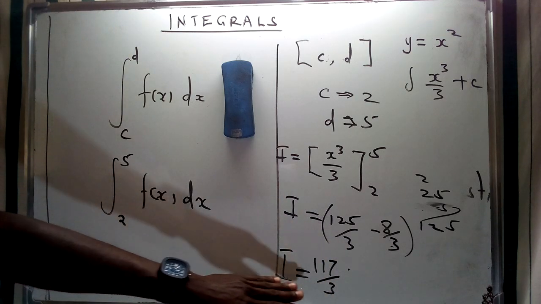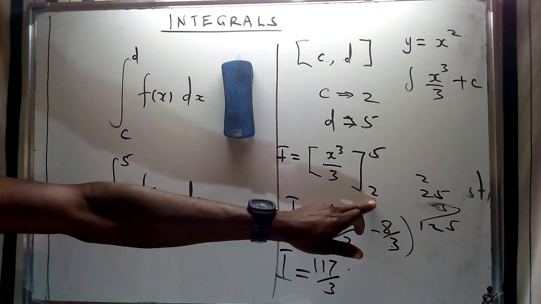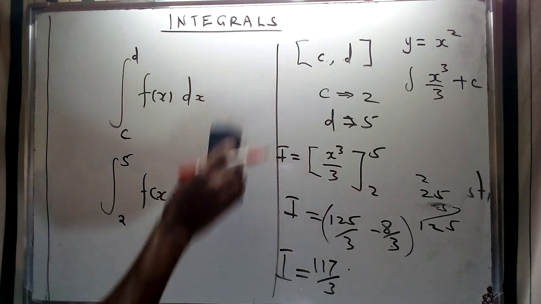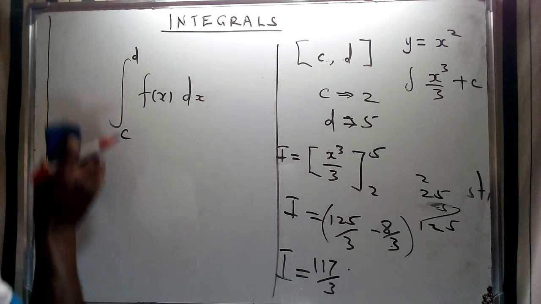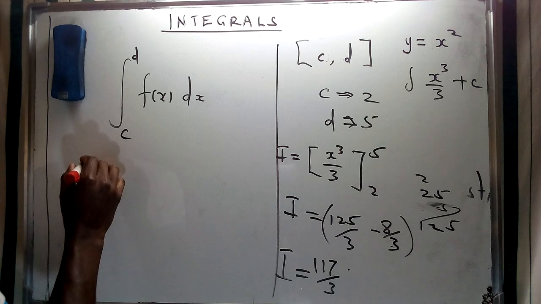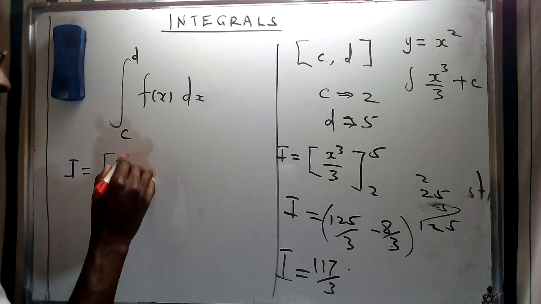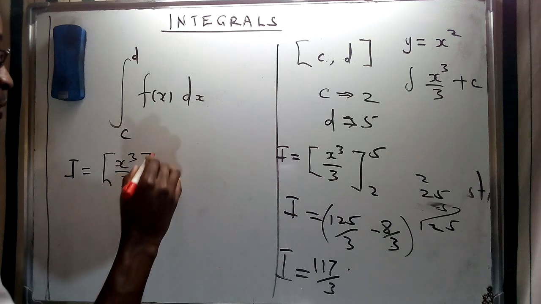So this is when we have the lower limit of integration as 2 and the upper as 5. Suppose we interchange those specific limits. Let's see what is going to happen. In this case, the value for the integral is given as x cubed over 3 between 5 and 2.